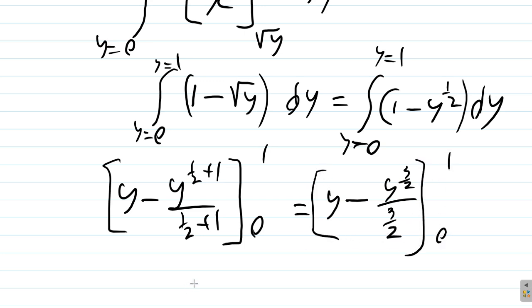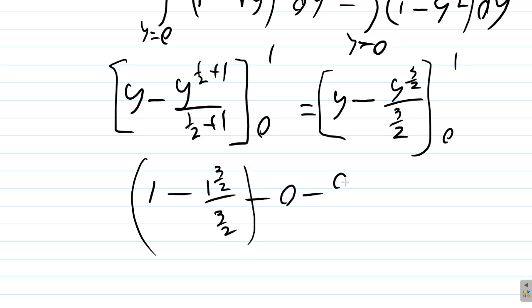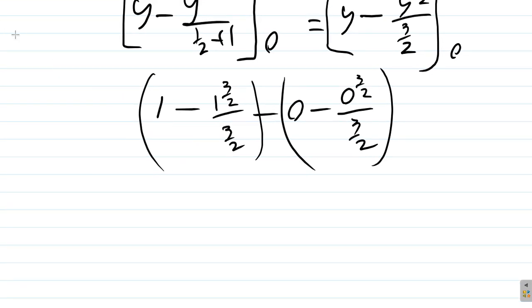From 0 to 1. Now, here we have 1 minus 1 to the 3 over 2 over 3 over 2, minus 0 minus 0 to the 3 over 2 over 3 over 2. You know that this part here will go to 0, right? 1 to anything is 1.